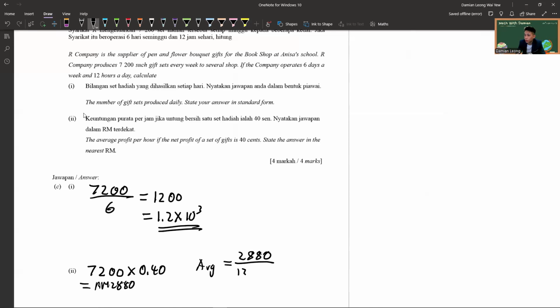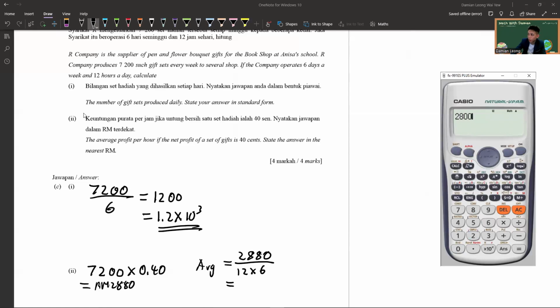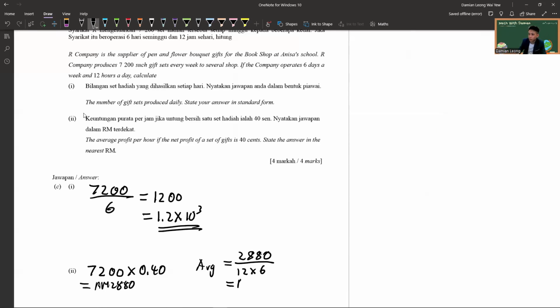So it's 12 hours a day times 6 days in a week. 2,880 divided by bracket 12 times 6. 40. So it's 40 ringgit per hour. Yeah.